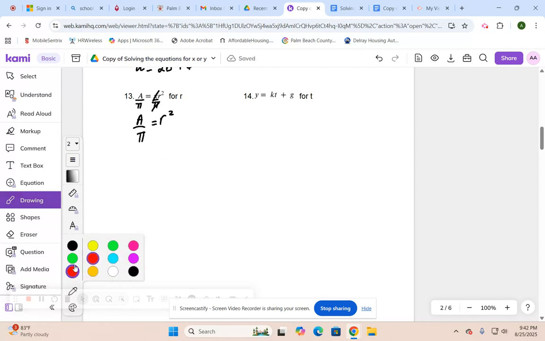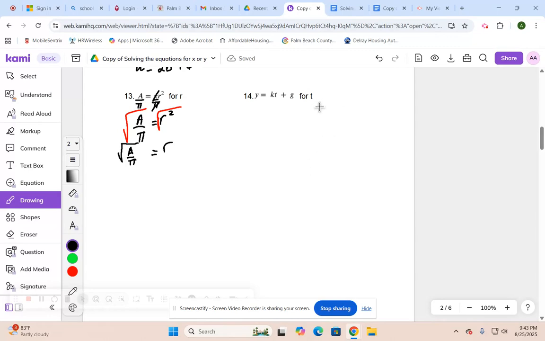So to unsquare that, you have to take the square root of both sides. Once you do that, you're going to have r by itself here, because the square root will unsquare the square. And this side here will still have the square root of a over pi. And that will be our answer.